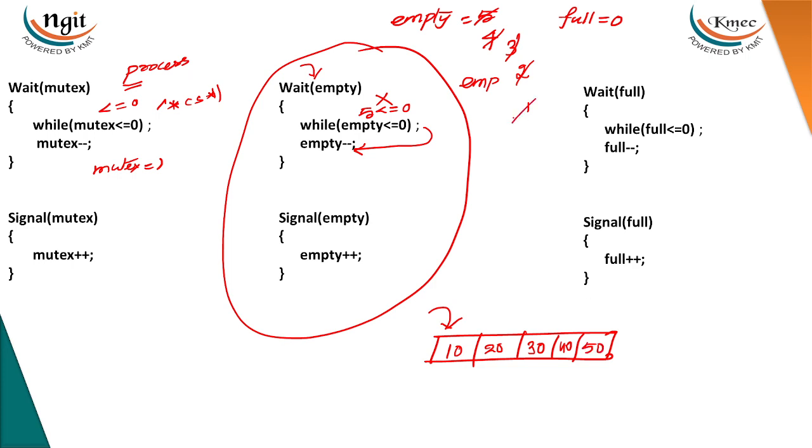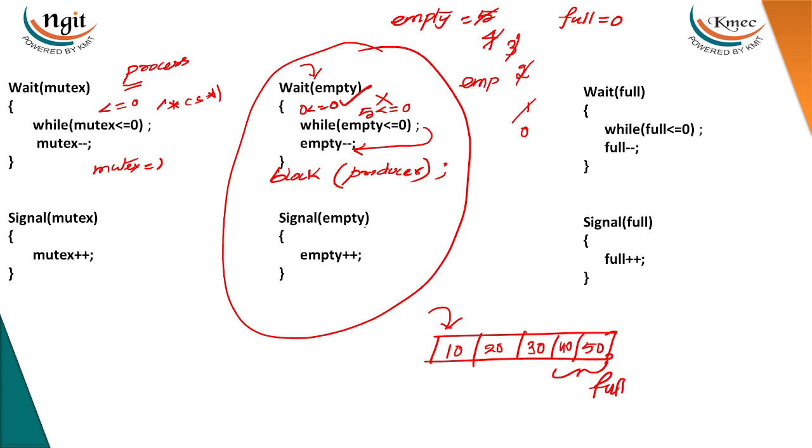One more time you try to execute it, the buffer is full. There is no empty location in the buffer. Whenever the condition 0 less than or equal to 0 is satisfied, there are no empty locations in the buffer, so the producing process has to be blocked.